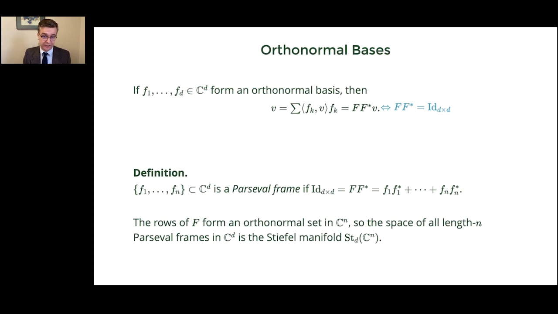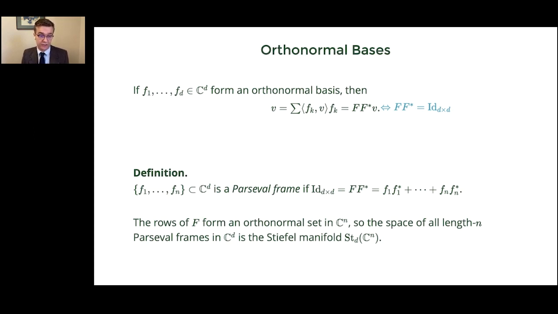But if you think about the condition that F F star is equal to the identity in terms of what it's telling you about the rows, it's telling you that the rows form an orthonormal set. So if I look at the rows of this F matrix, then those rows form an orthonormal D-frame in C^n.